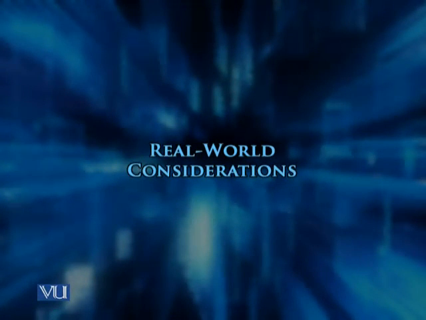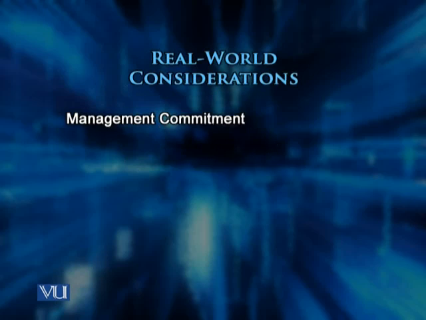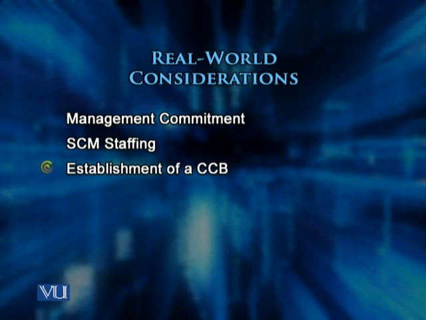There are 7 considerations or concerns that we must take care of when we are implementing SCM in our organization. First is management commitment. Then it's SCM staffing. Third is establishment of a configuration control board or configuration control authority.